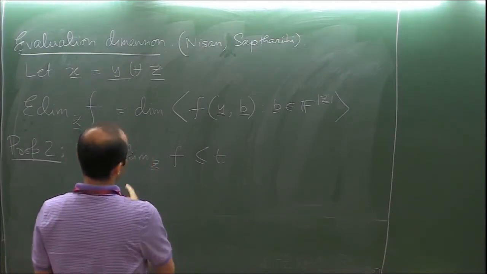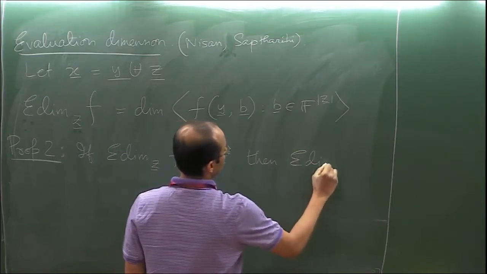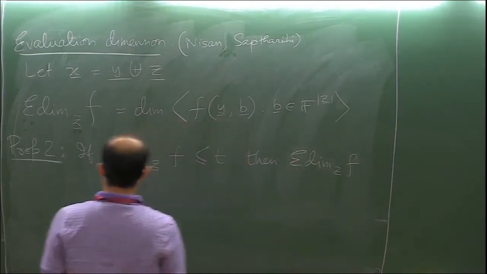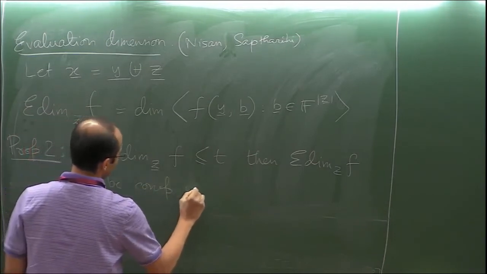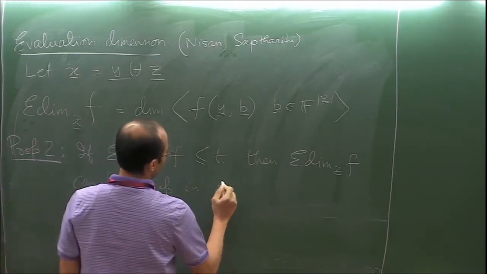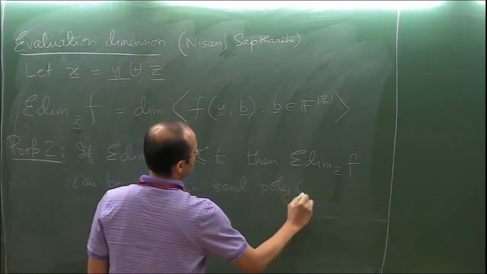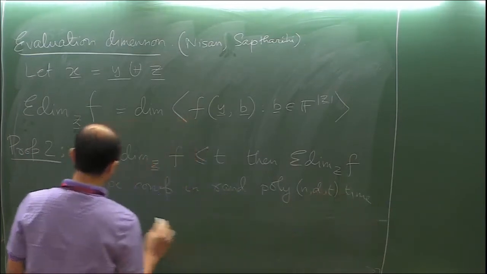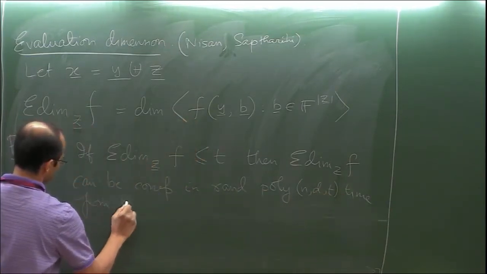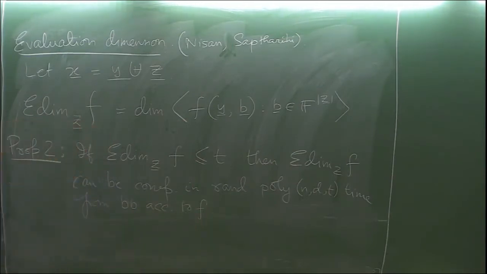So suppose the evaluation dimension is theta, then the evaluation dimension can be computed in randomized poly(n, theta) time from black box access to f. Right, so let's see a quick proof of this fact.